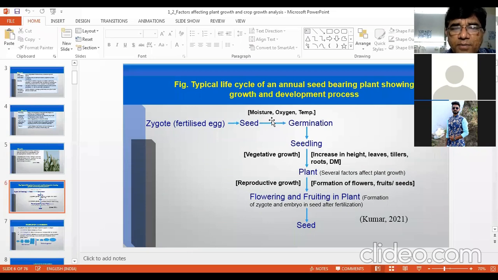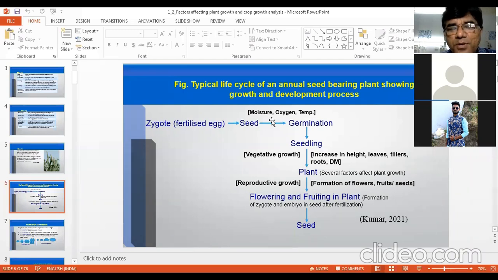Then the seedling will develop into a plant, and several factors will affect the growth. We'll see what the factors are. When the plant enters the reproductive phase, there are also a number of factors that affect reproductive growth, and then flowering and fruiting in the plant, and again the cycle repeats.